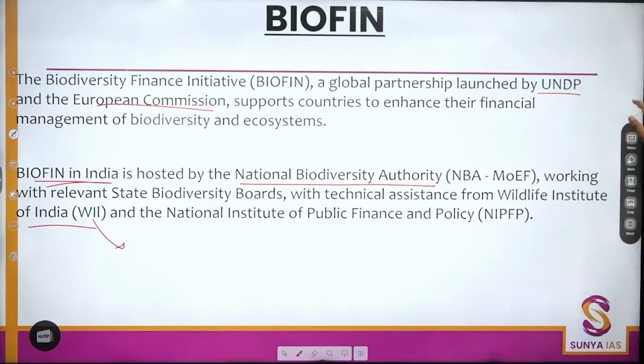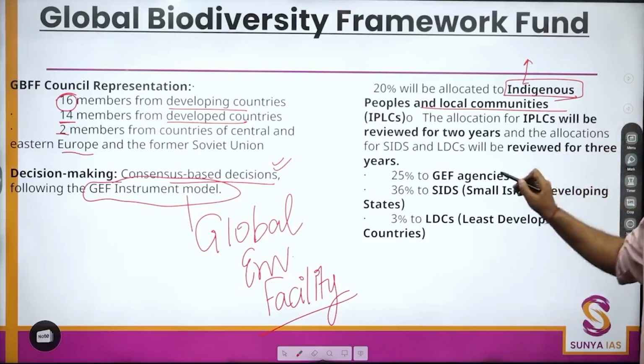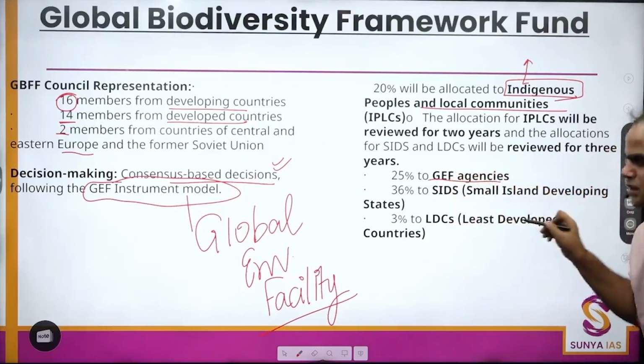So the moment you see GEF, it already has a lot of funds. It has a lot of donor institutes. So from there it will be able to mobilize funds. Yes, but here the main thing is the allocation etc. is through this, right?